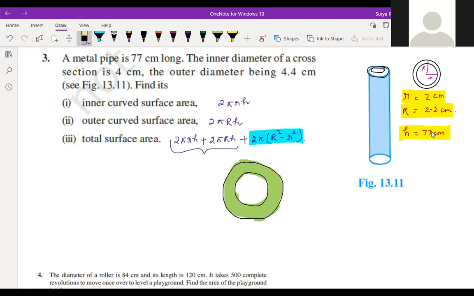So this is the upper portion of the pipe, and the down portion will also remain the same. This part is the CSA, which you all understood, right? You are having doubt in this one, that's why I'm making you understand it with the help of this example.